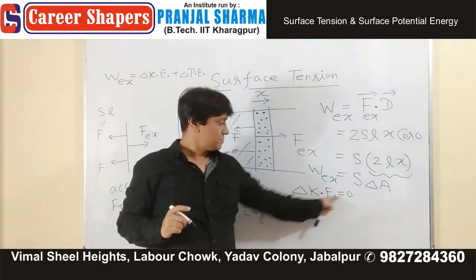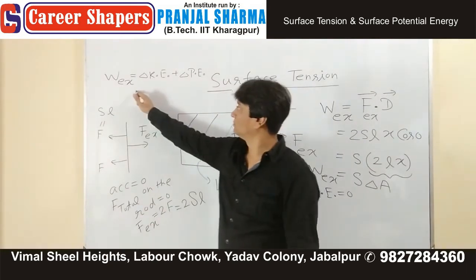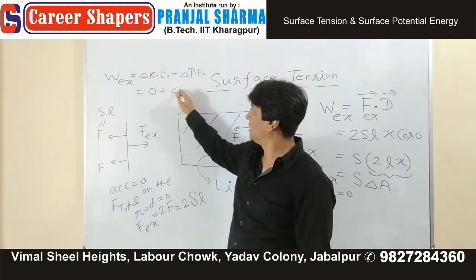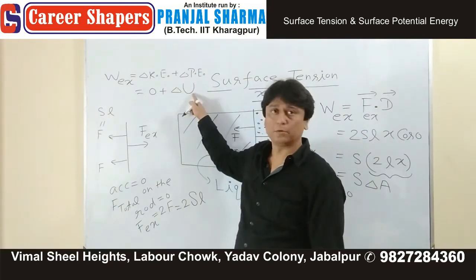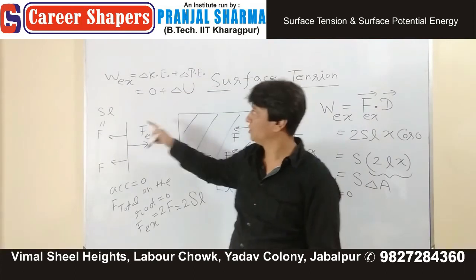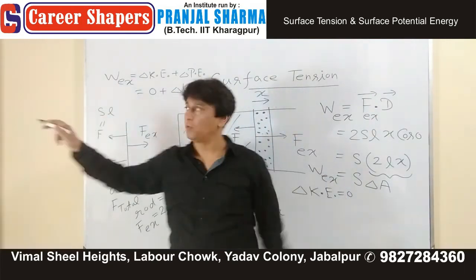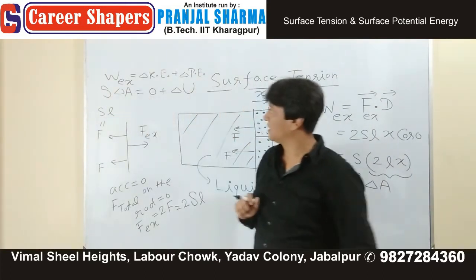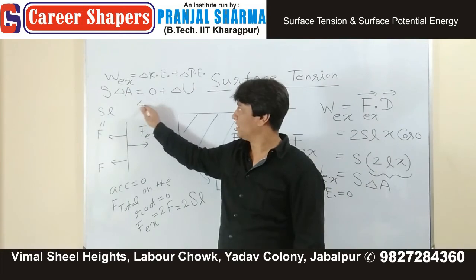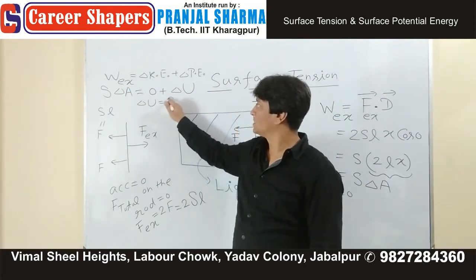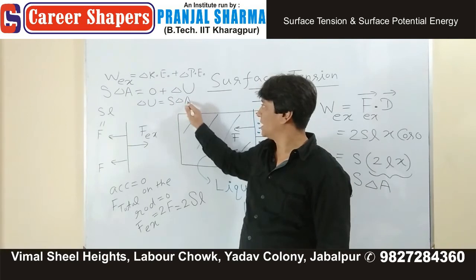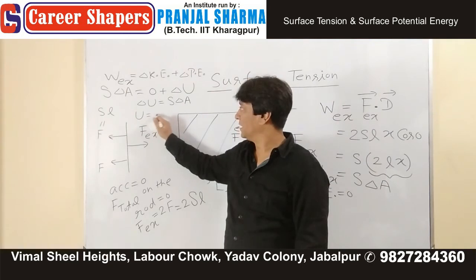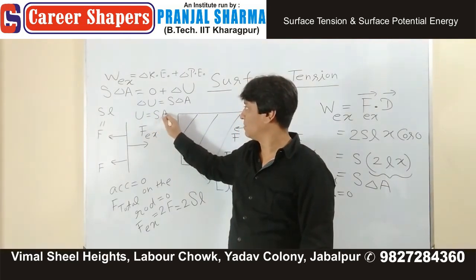Delta K being kept 0, we have found delta U, the change in potential energy, and W external is coming as S multiplied by delta A. So this is giving us delta U as S multiplied by delta A, or U is S multiplied by A.